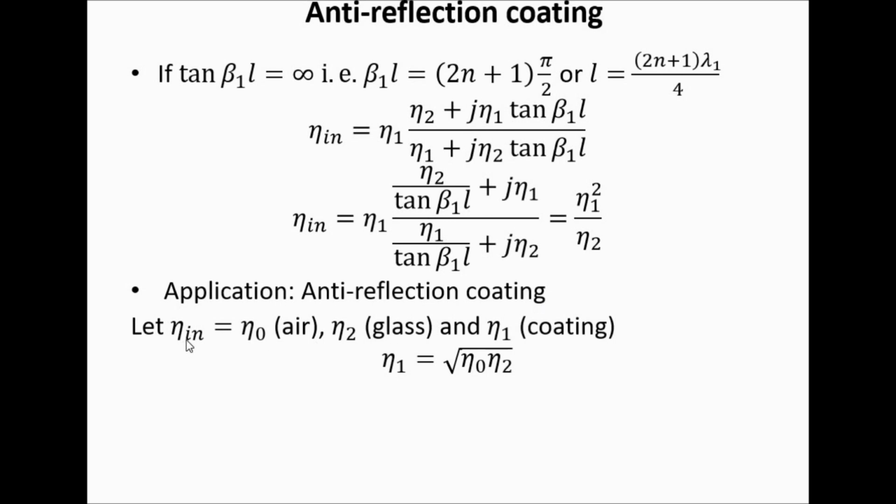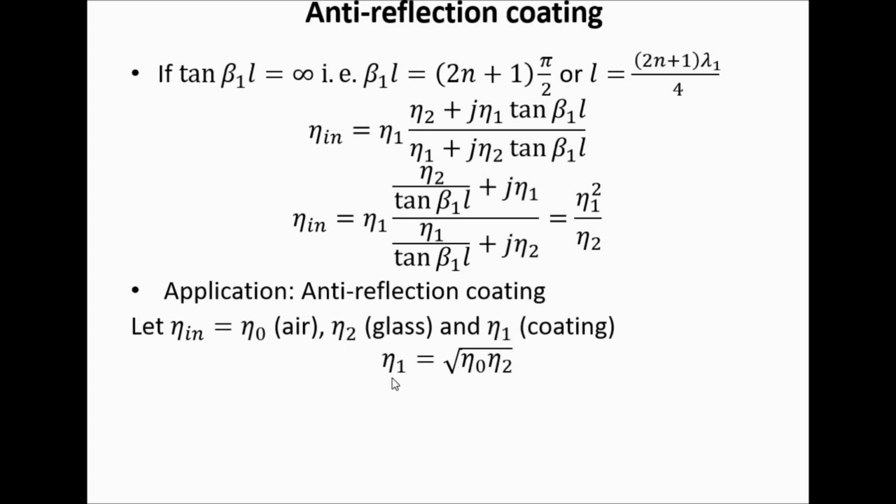Let's say eta in is eta naught in air, eta 2 in glass, and eta 1 in coating. So let's say this is your air, glass, and coating. We use this coating on the glass surface to make the system reflection free. Then this is the impedance for the air, this is the impedance for the glass, and this is the coating impedance.